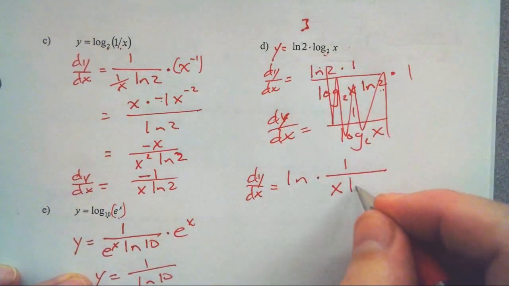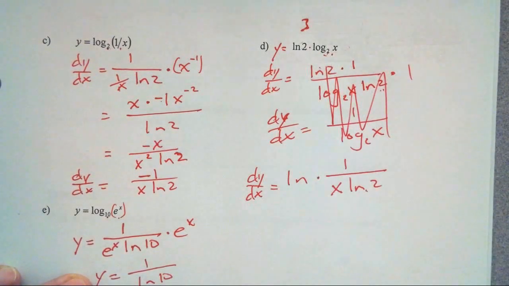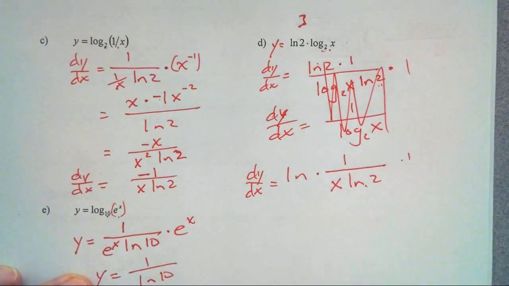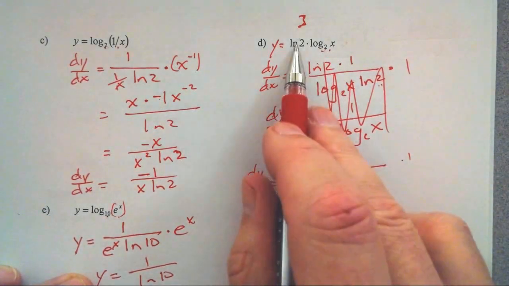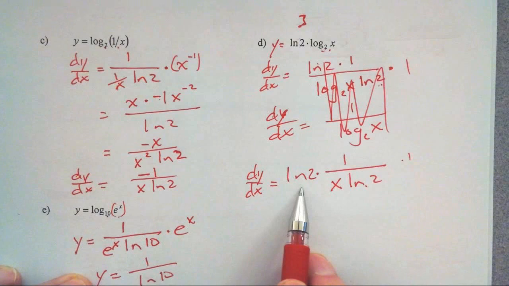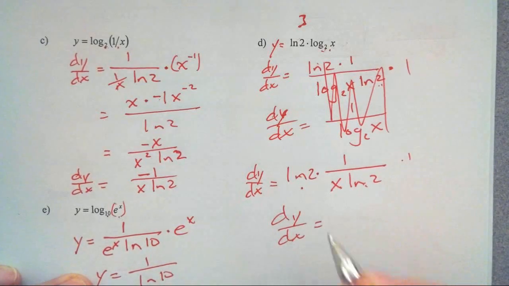Apologies. Times ln 2, we compensate with ln 2 here, times the inside derivative 1. So we get ln 2, the constant survives, and ln 2 cancels ln 2.